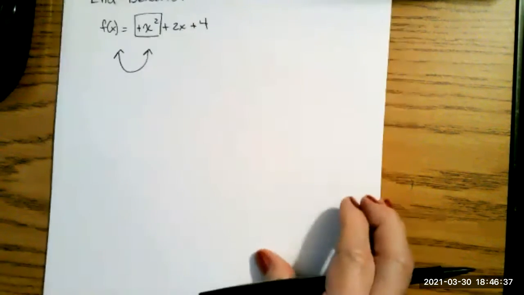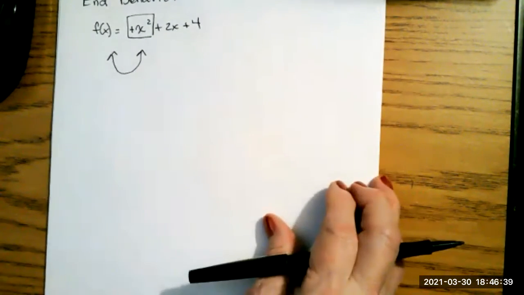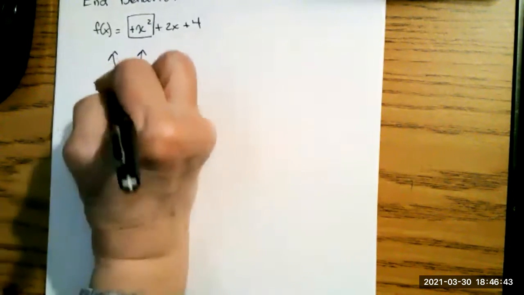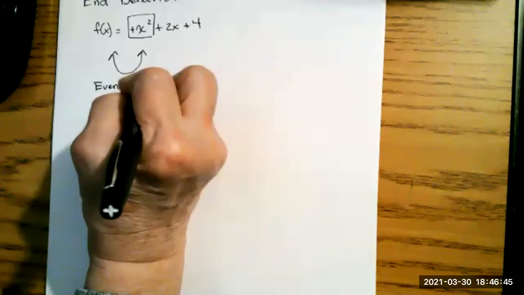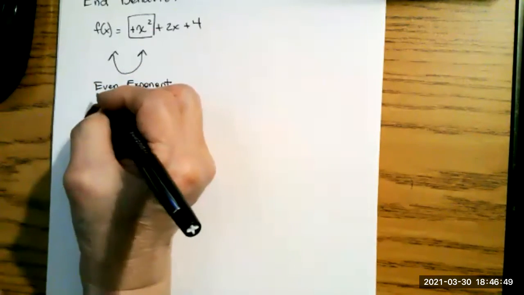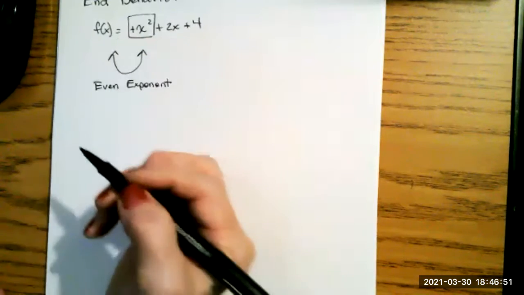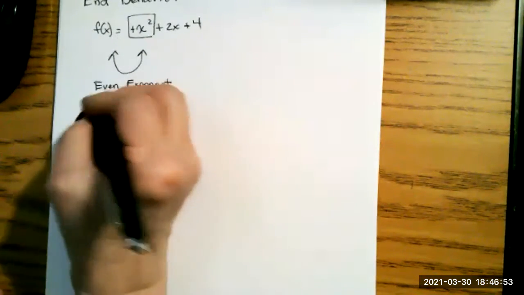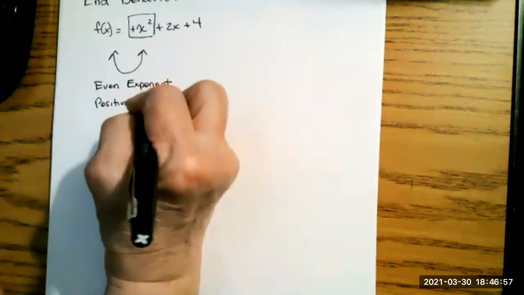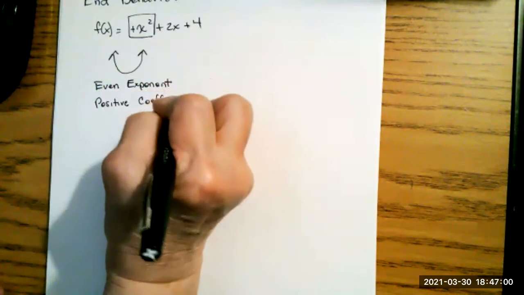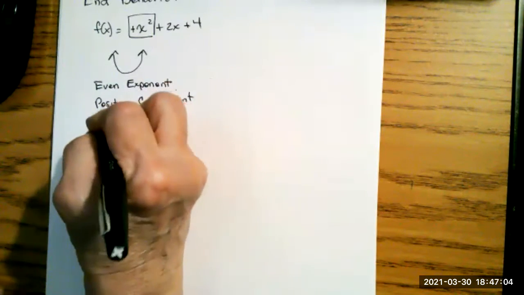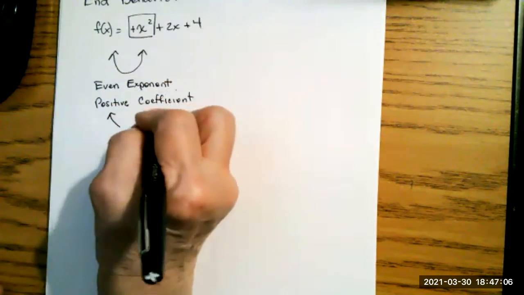All right, so there are some rules for the end behavior. If you have an even exponent, and this is on the leading term, I'm generally talking about this leading term here, an even exponent and a positive coefficient, then the thing is going to have end behaviors like this, and you don't put anything in the middle.